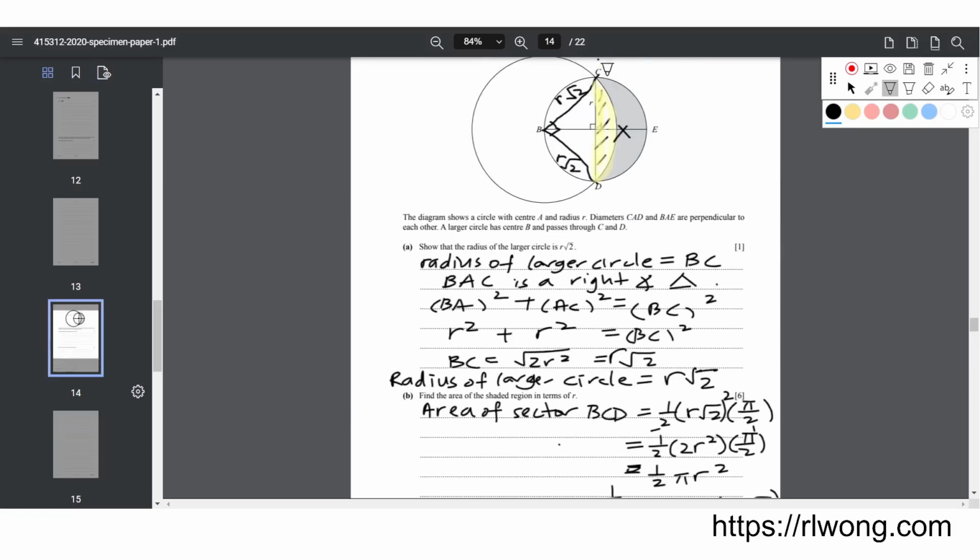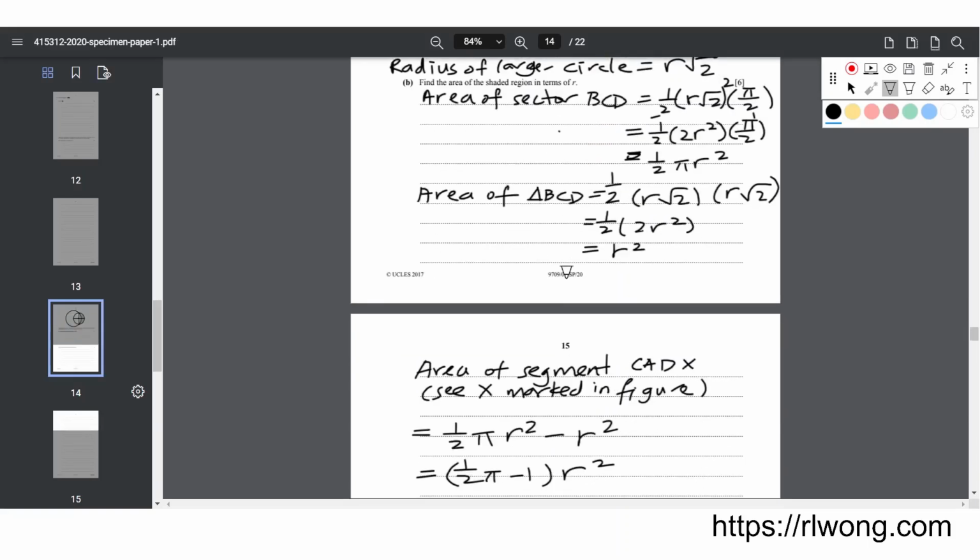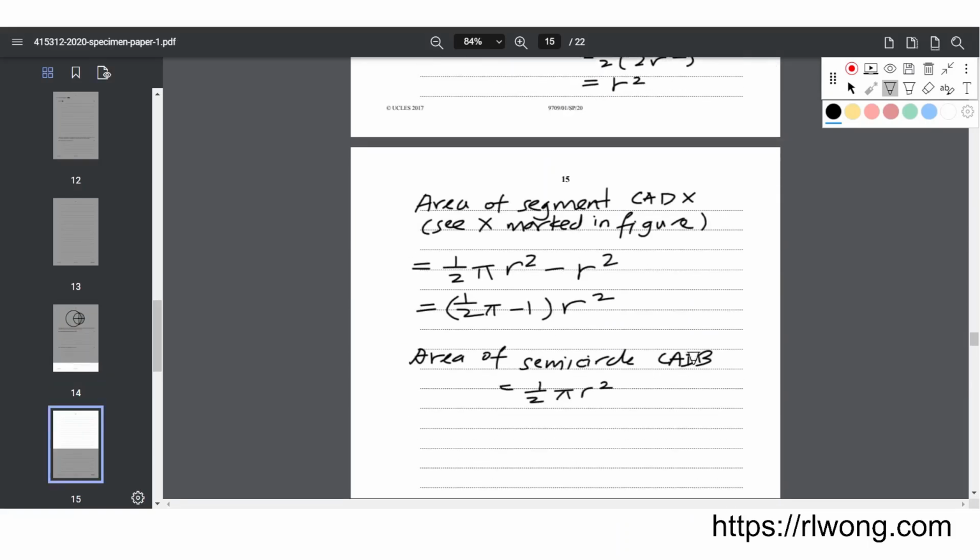So it's pi r squared times half, because this is half of a circle. Okay, finally, to find the shaded area is equal to the area of the semicircle, half pi r squared, minus this.